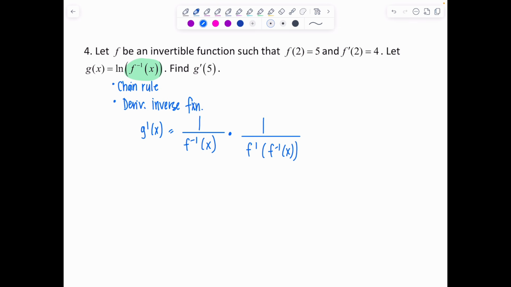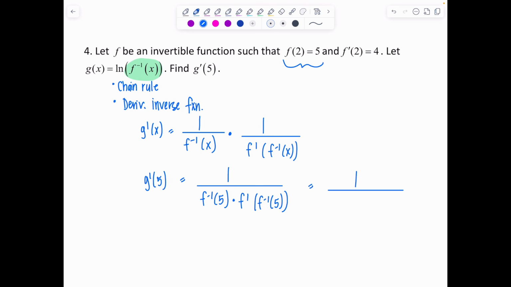Okay, so now we can say, okay, I want g prime of 5. So this is going to be 1 over f inverse of 5 times f prime of f inverse of 5. Now they better have given me everything I need because I have no equation, no table. So let's see. What's f inverse of 5? Oh, look right here.